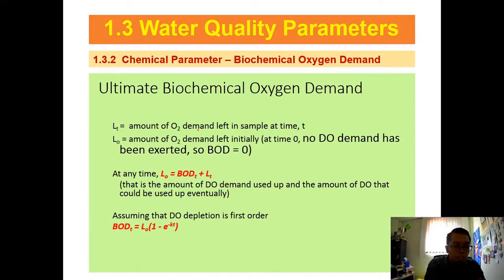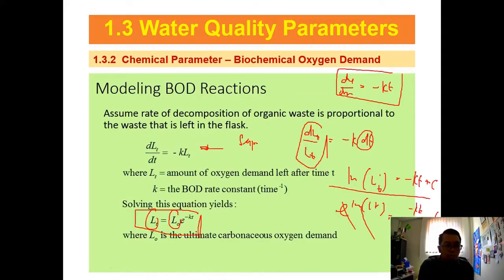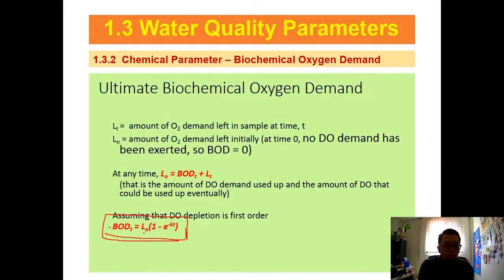Assuming that the deoxygenation is first order, you can rearrange the equation. We know Lt equals L0 exponent negative kt.